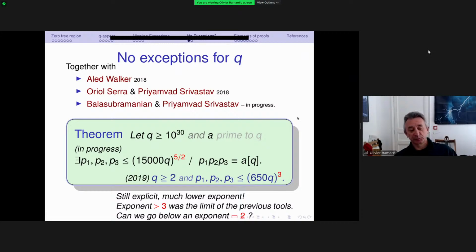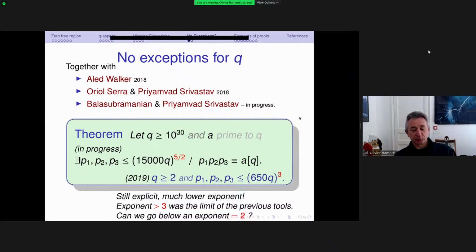It's P1, P2, P3, not a P3, not an integer that has at most 3 prime factors. We have exactly 3 prime factors. And we are rather happy about that. It's still explicit. We have some difficulties, but it's still explicit.